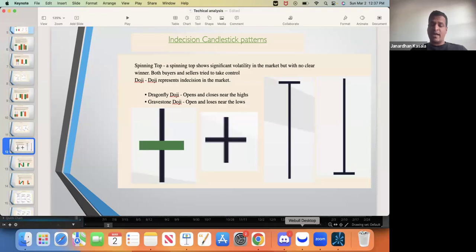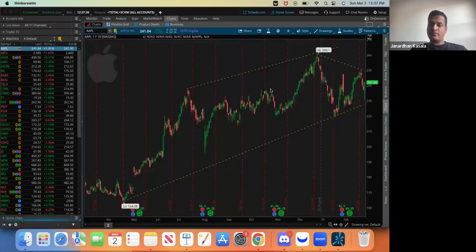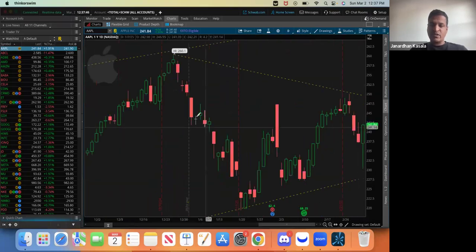Wherever it started, the price... Let me show examples of those candles. Look at this candle, I think this is what you're asking about. It started here around 243. Bears tried to pull it down to 241, and then bulls took it back to where it started.